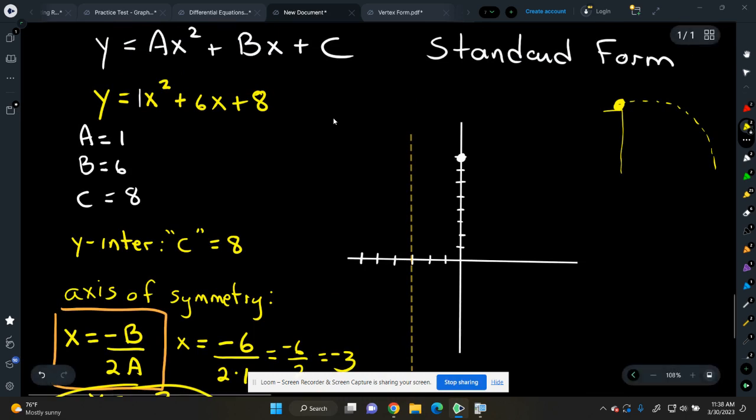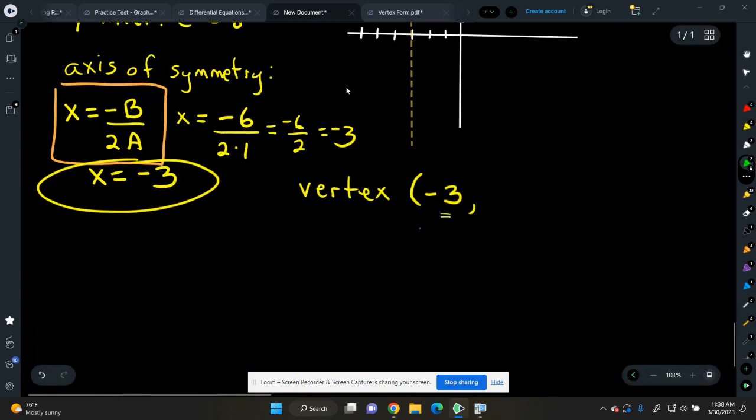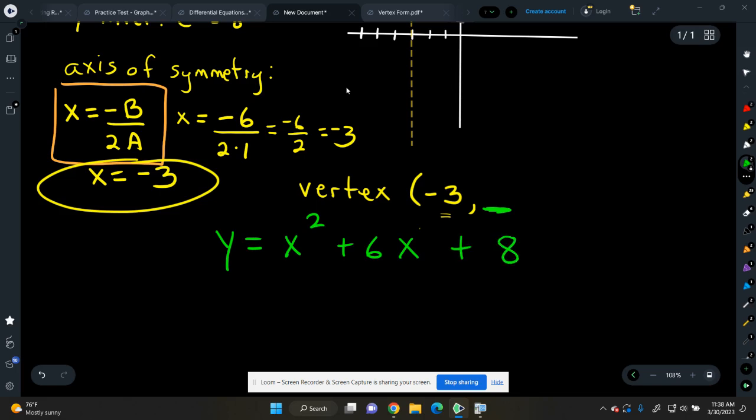Equation, yeah. Do me a favor. Read that for me. What's that say? Y equals, right? I'm looking to figure out what y is. What does y equal? Well, there's my equation. It says y equals x squared plus 6x plus 8.